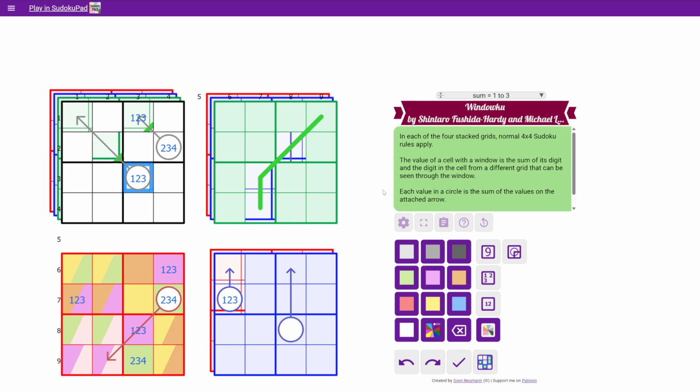Wait, is that right? These both have windows. They can't repeat.